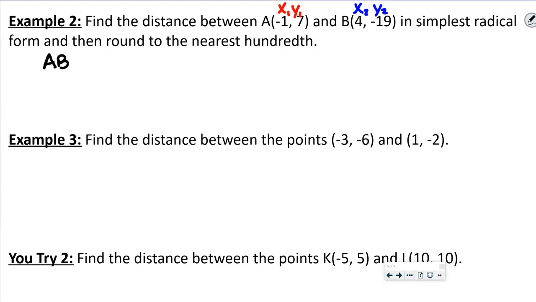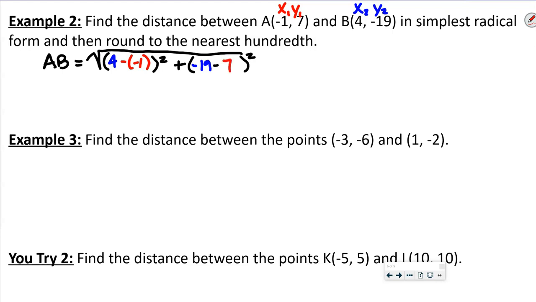So AB is equal to the square root of something squared plus something squared, right? We're going to take Y2, which is our 4, and subtract from it a -1, okay? Then we're going to take our Y2, which is -19, and subtract from it our 7, okay?